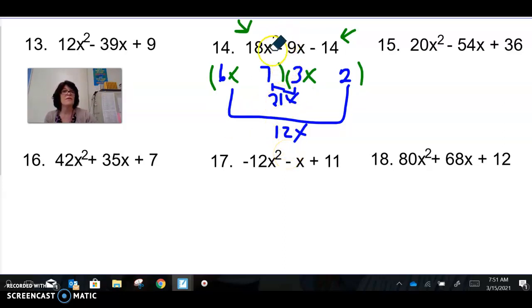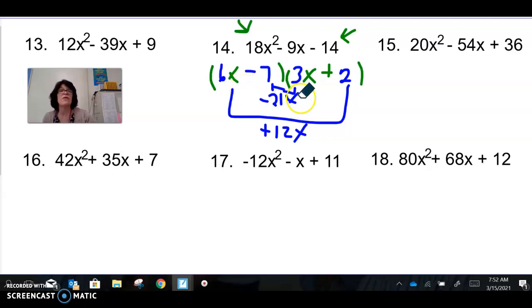Okay, so then I have to think, well, I want a negative 9. So I want the bigger product to be negative. I want the 21x to be negative, in other words, and I'd like the 12x to be positive. That will combine to a negative 9. The way I get 21x to be negative is if the 7 is negative. And the way I get 12x to be positive is if the 2 is positive.